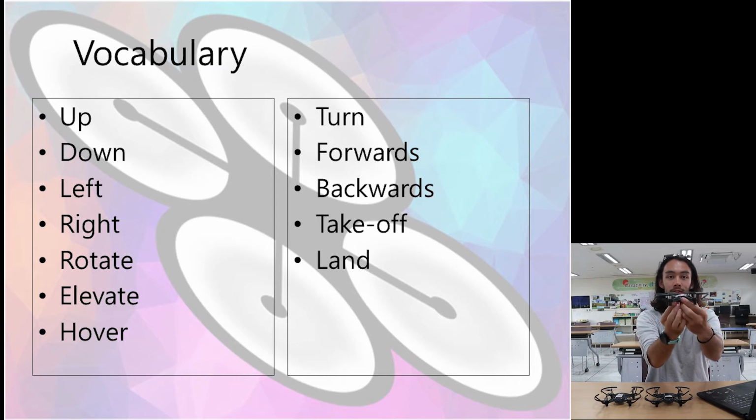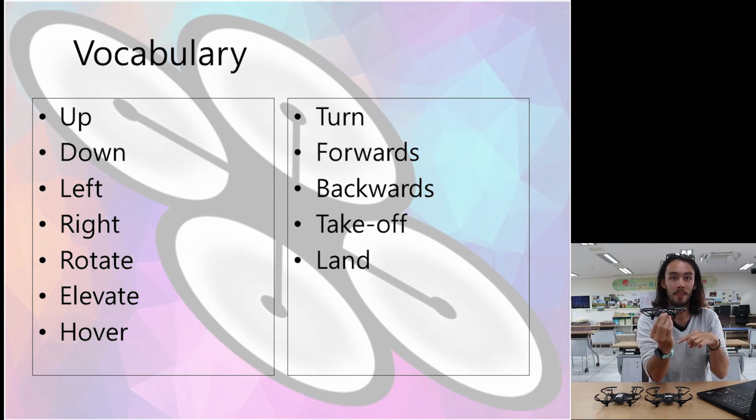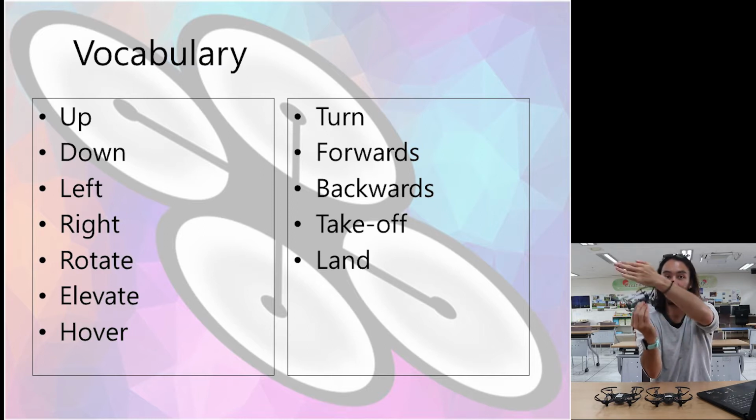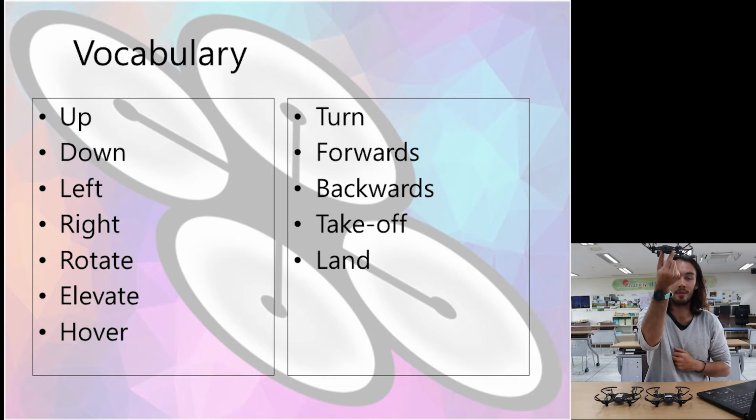If the drone is facing this way and I say forwards, here's the camera, so I'm going to go this way. If I say left, here's the camera, so we're going to go left for the drone, that way. So now up, down, left, right.